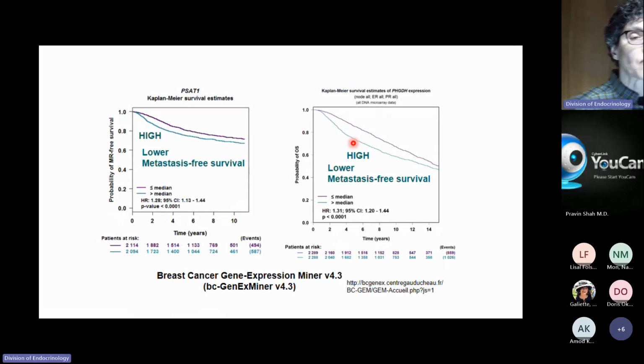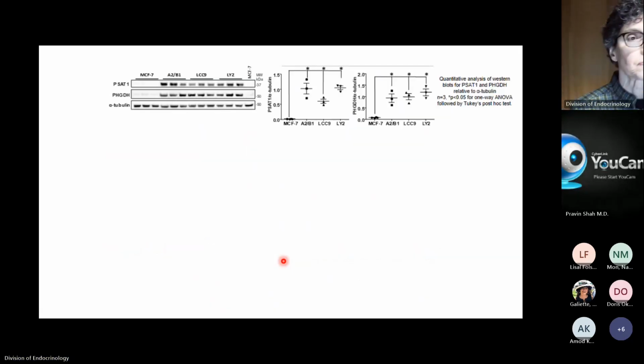And we also found that high PSAT1 and high PHGDH are associated with lower metastasis-free survival in breast cancer patients.